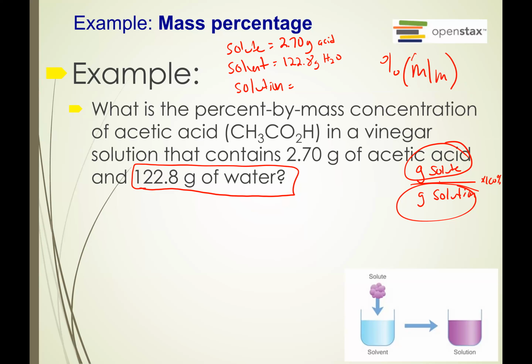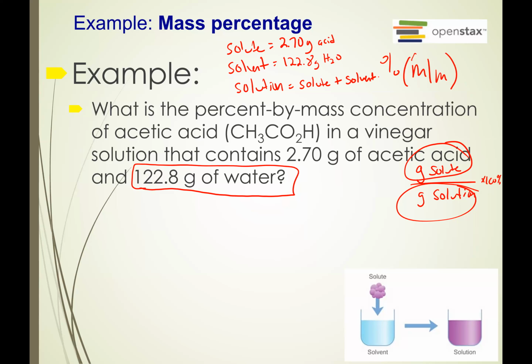So on the bottom, we don't want solvent, we want solution. How do we get solution from these two things? What is solution? It is the solute plus the solvent. So all we need to do is add 2.7 plus 122.8. That is our solution. Does that make sense?